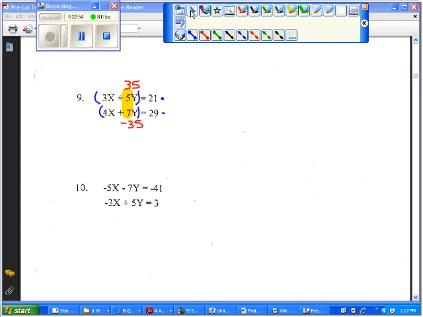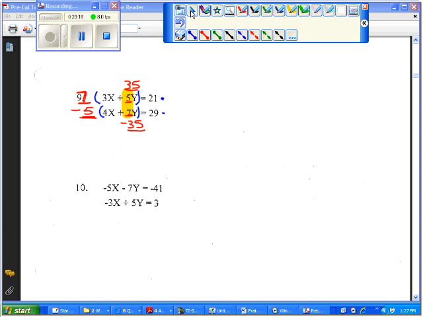So we're going to multiply through by whatever numbers it takes to change the 5 to a 35 and the 7 to a negative 35, right? So we think 5 times what number out here would give me that 35? Positive 7, right? 7 times what number out here would give me that negative 35?